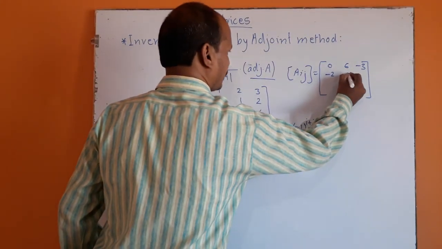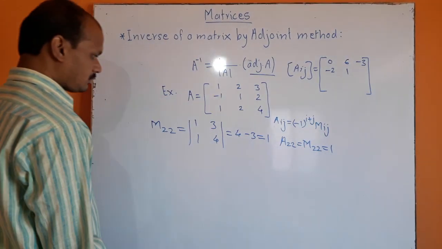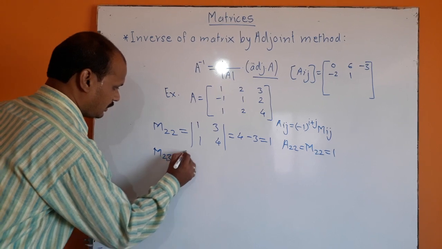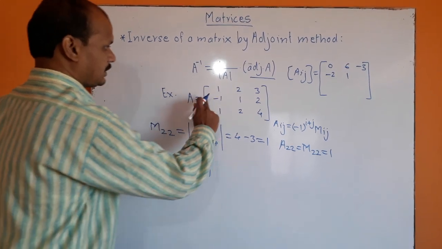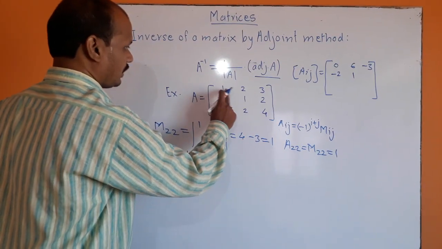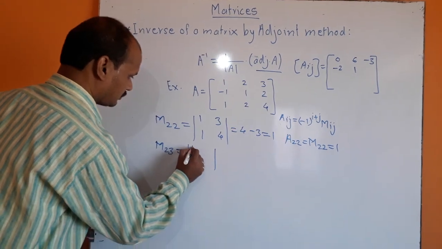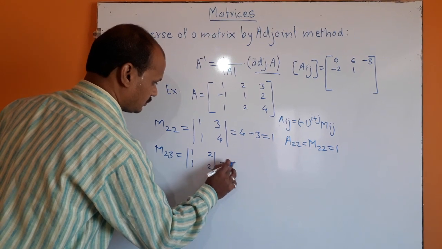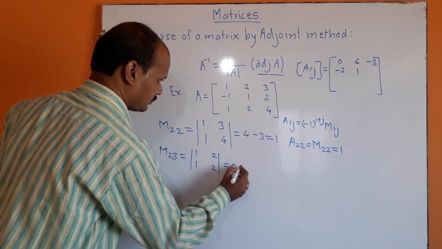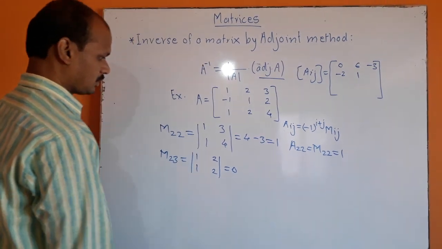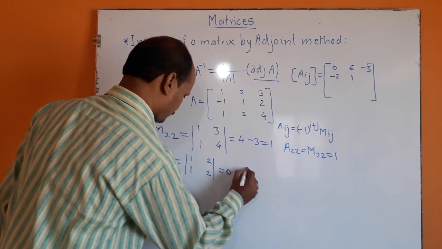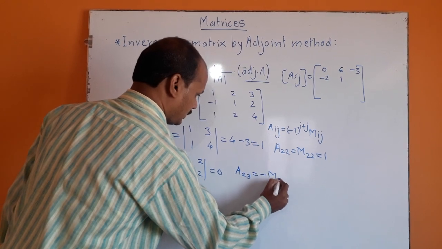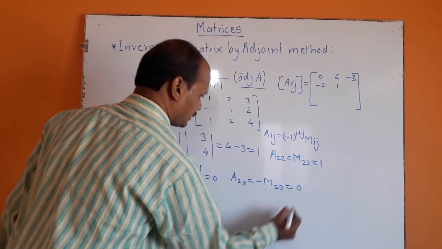Write down 1 here. M23 is equal to, deleting the second row and third column, determinant [1 2; 1 2], which is 2 minus 2, equal to 0. A23 is equal to minus M23, equal to 0.